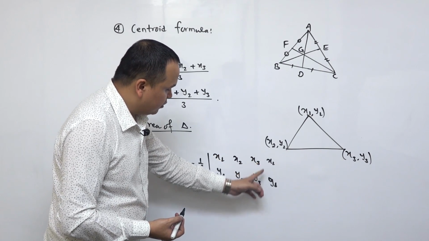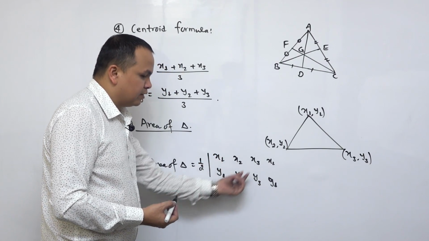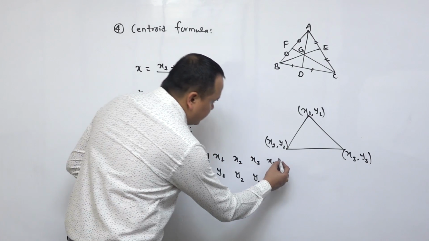Repeat again x1 y1. First column लाई repeat गर्ने.